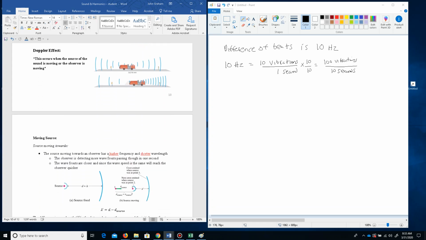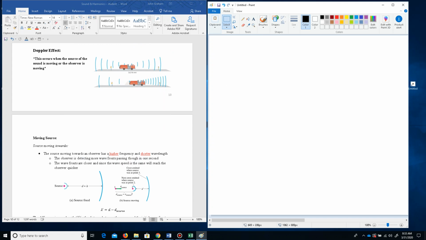Right, so next is the Doppler effect, and I always think this is kind of cool. One of the main things is that you're going to be looking at different equations depending on the situation.